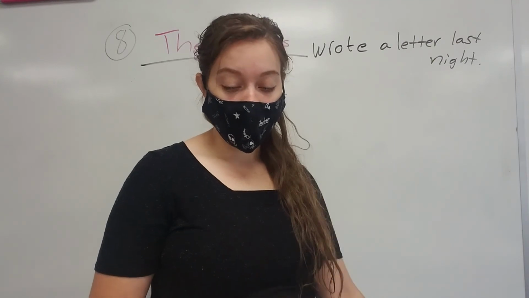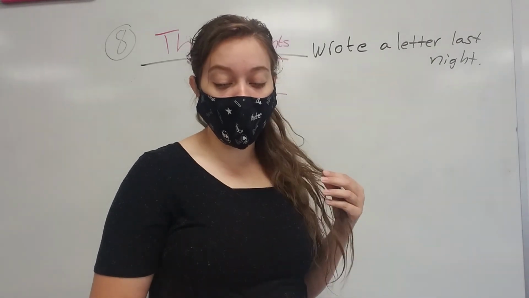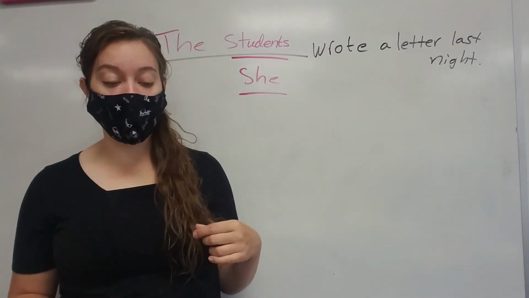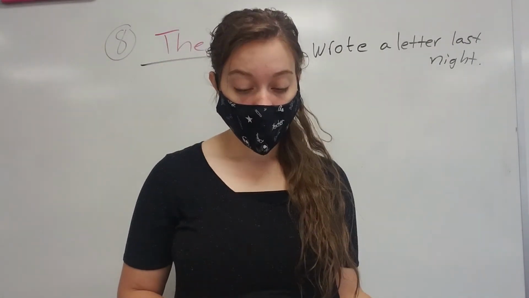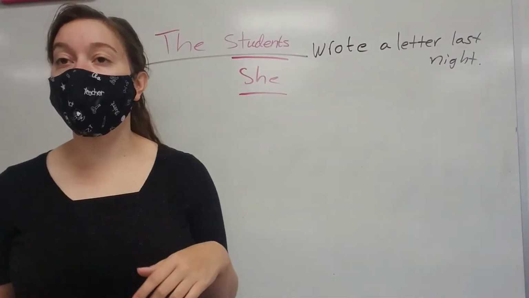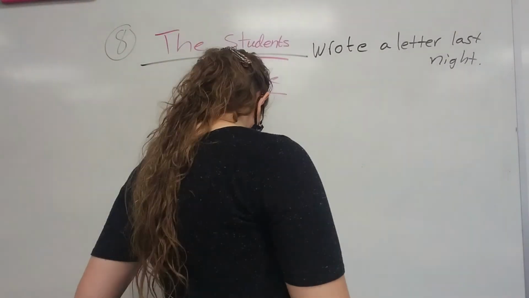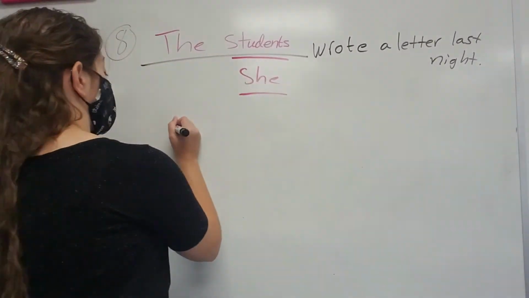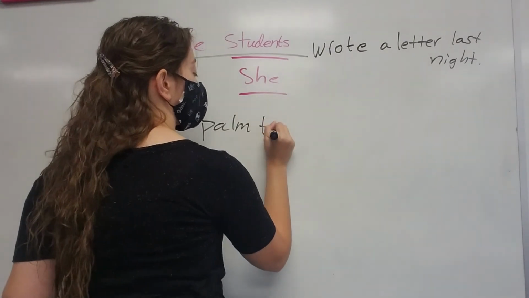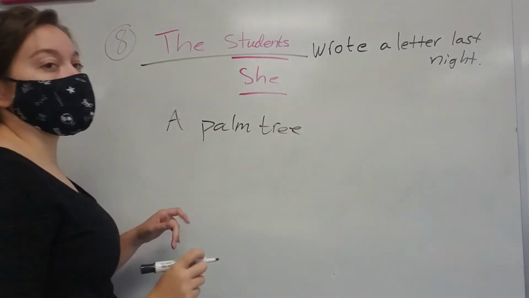Number 10. Blank grew in the big blue flower pot. So what grew in the big blue flower pot, Samara? A tree. A tree, okay. What if we say a palm tree? Can we do that? A palm tree? Yes. Those are beautiful. So everyone write a palm tree. What is my subject here?